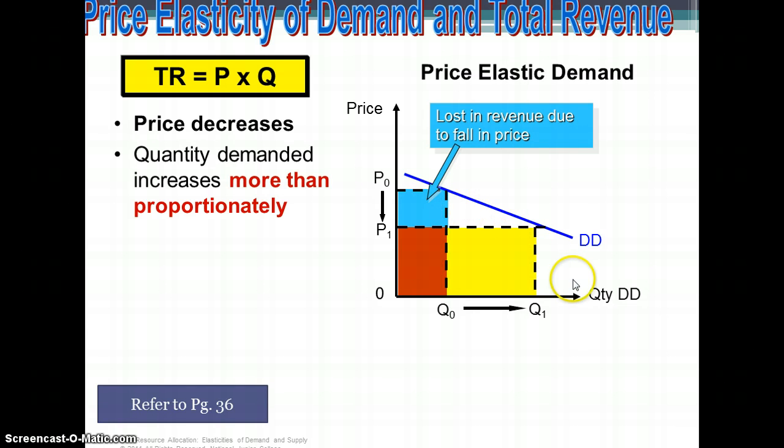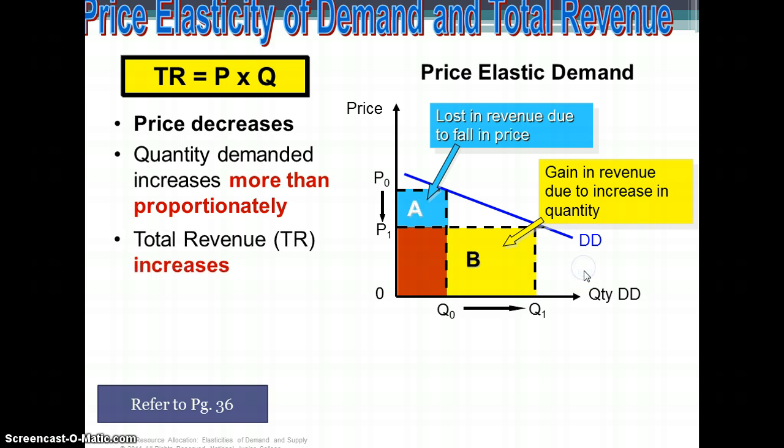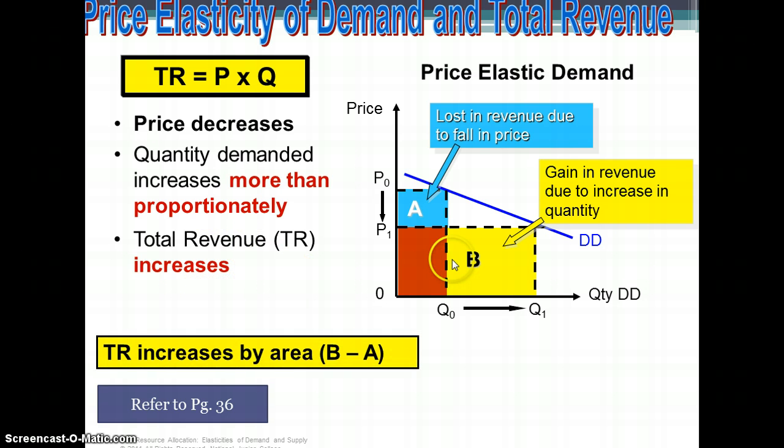The yellow box represents the gain in the revenue due to the increase in quantity. So what will happen to the total revenue? Total revenue will increase. Why? Because the loss in the revenue due to the fall in the price is less than the gain in the revenue due to the increase in the quantity. Therefore, total revenue increases.